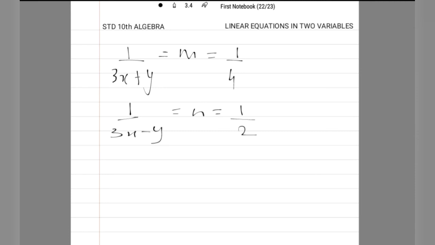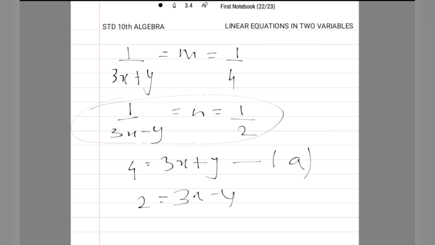After cross multiplying, we get 4 is equal to 3x plus y, the first equation, which we consider as a. And this equation, if we cross multiply, we get 2 is equal to 3x minus y, which we take as b.